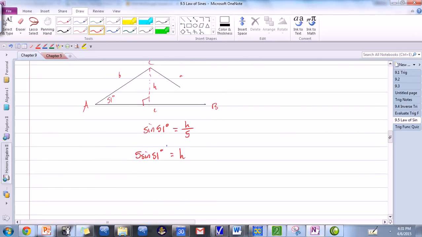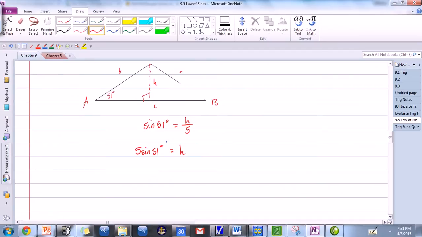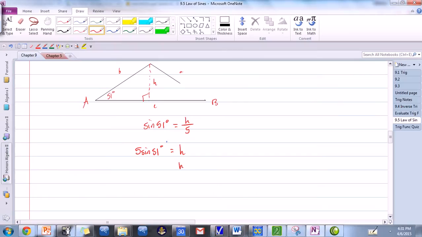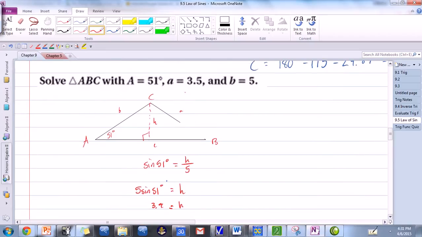And from there, understand what that's going to give us. If you look here, we have 3.9. So that means that H is equal to 3.9. However, notice something. Remember in this problem that A equals 3.5.